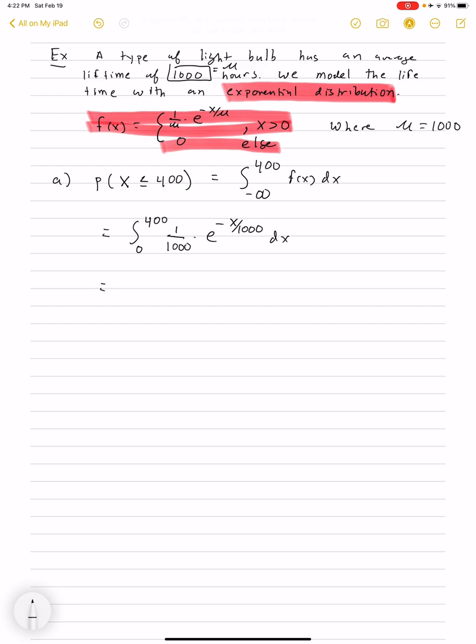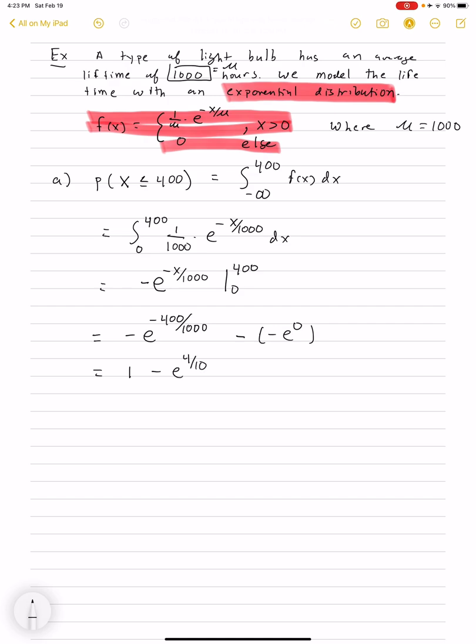Or we can recognize that it will be minus e to the minus x over 1,000, and we evaluate at 400 and 0. When we evaluate this, this will be minus e to the minus 400 over 1,000 minus a double negative of e to the 0. So that's 1 minus e to the 4/10.